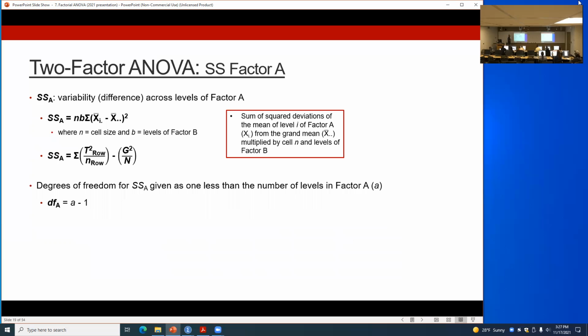Okay. Now, sum of squares factor A. This is the variability due to differences across levels of factor A. Think about this in our example: these are our column or our row differences that we're seeing.